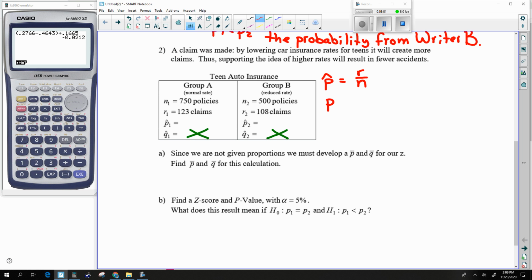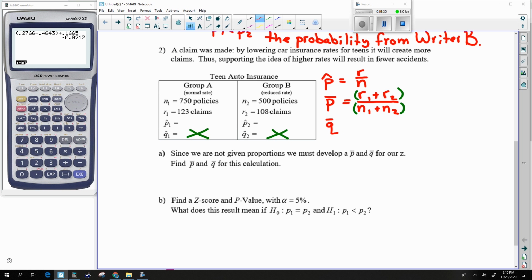A new thing that we're going to be getting is a P bar, which is kind of like the average, if you will. What that is going to be is R1 plus R2 divided by N1 plus N2. Make sure you have a distinct numerator and denominator, so use the fraction button in your calculator, or make sure you use parentheses.